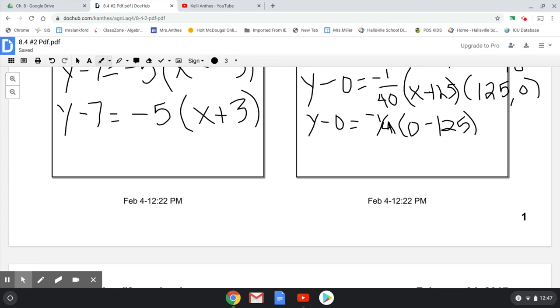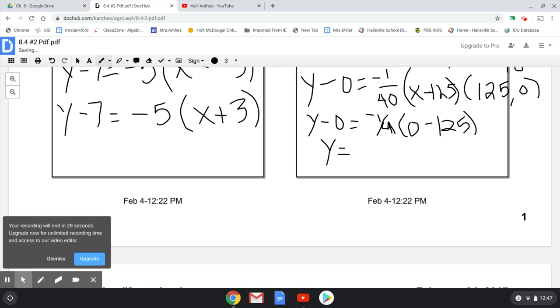So we don't really need that y minus 0 because it would just be y. And then we have -1/40, parentheses, -125. So those two need to get multiplied together. And that would give us y equaling a positive 25/8. So that would be the height of the laser at 25/8.